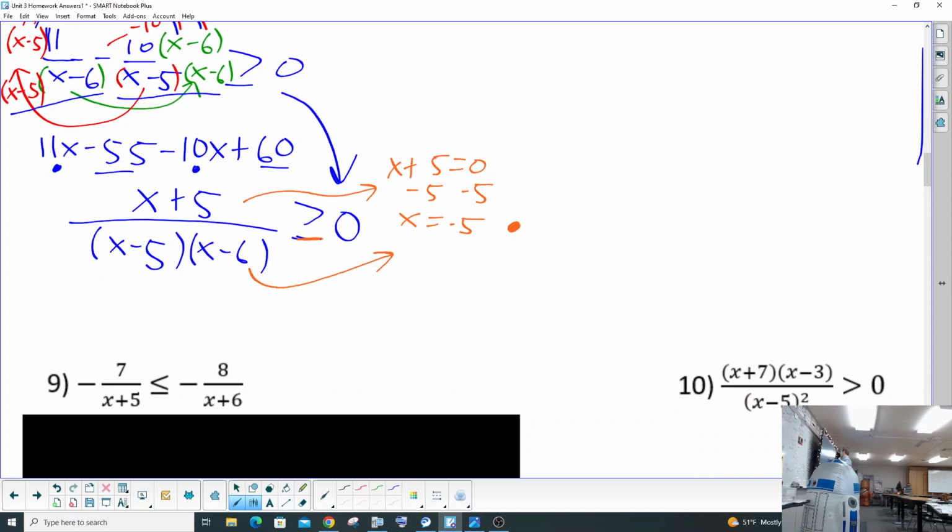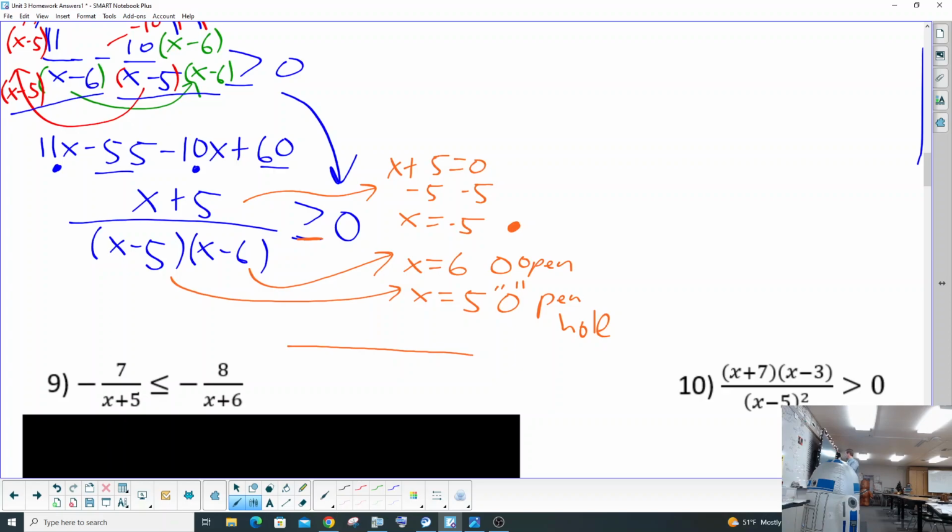And then for the x minus 6, which will become x equals 6, it'll be an open hole. It's in the bottom. And then for the x minus 5, that'll become x equals 5, positive 5, and that'll be an open hole. Get it? Open hole. And so now we'll go and do our number line.